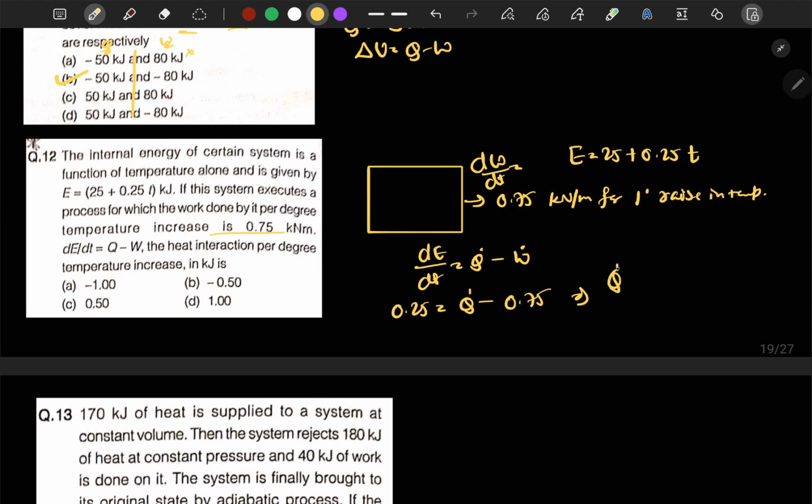From here we can get Q dot is equal to 1 kilojoule, not per second, this is not with respect to time, this is with respect to temperature, so per degree Celsius. So we can say the answer to be D.